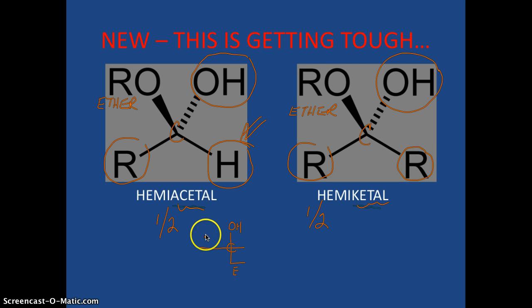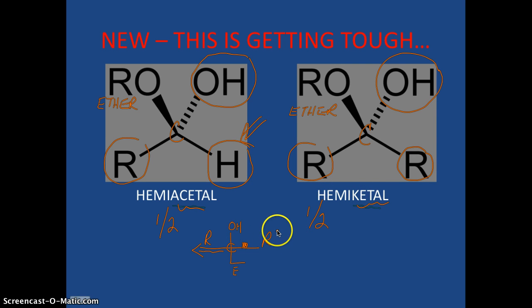And then this is the rest of my molecule. And then on this side, if I have a hydrogen right here, then what I have is a hemiacetal. If, on the other hand, this hydrogen is not here and this chain extends, then I have a hemiketal.